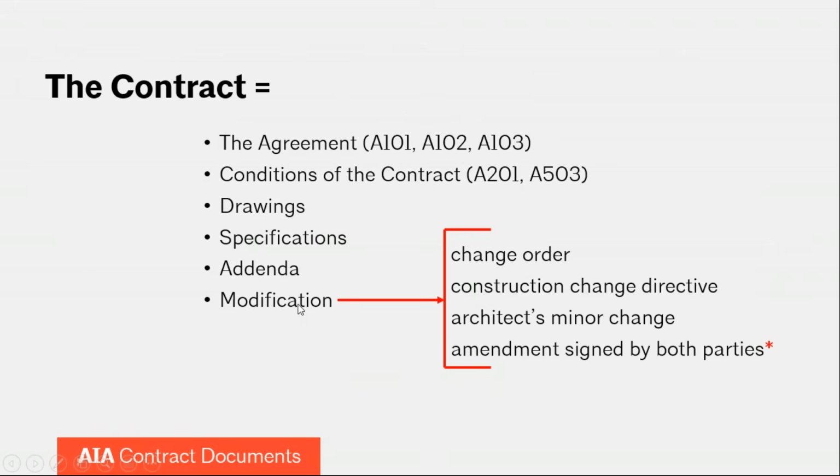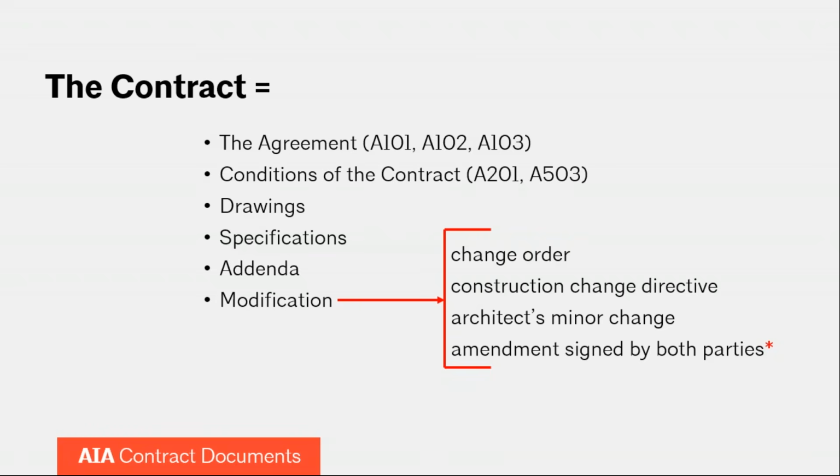So the contract actually equals the agreement, which is the A101, 102, or 103, the conditions of the contract, which would be the A201 general conditions. It would also include the A503 supplemental conditions, if any of them are brought into the agreement. It would include drawings and specifications, both things that will be listed in the agreement.